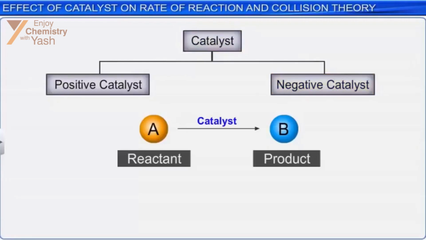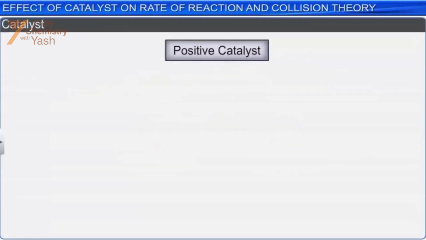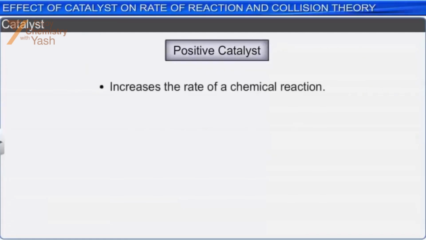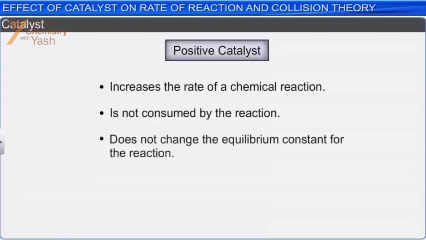Let us now discuss the characteristics of positive catalysts and their effect on the rate of a reaction. A positive catalyst increases the rate of a chemical reaction, is not consumed by the reaction, and does not change the equilibrium constant for the reaction.